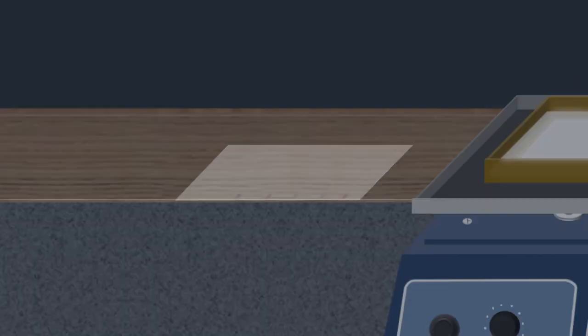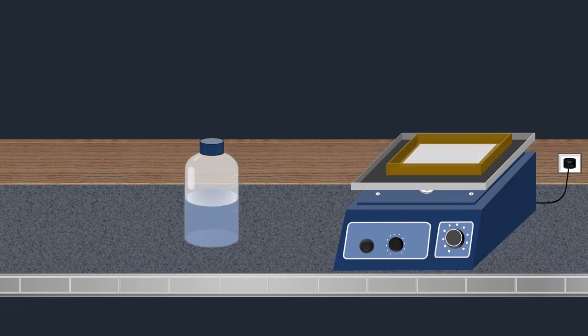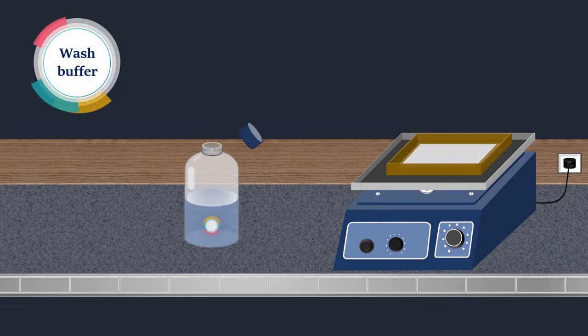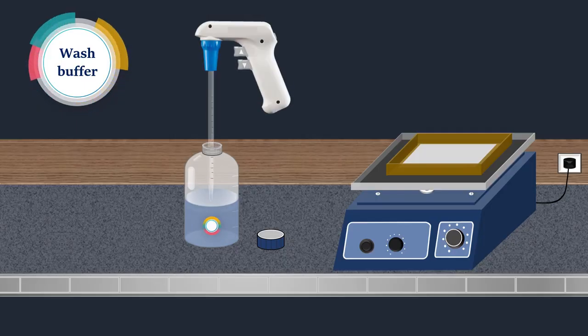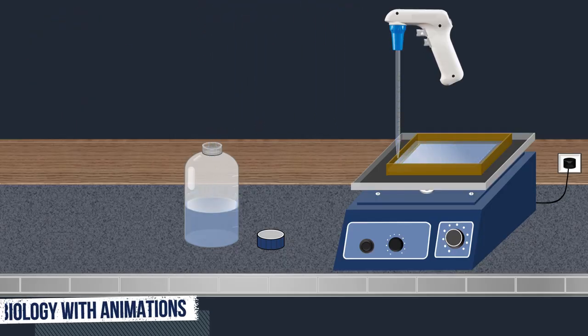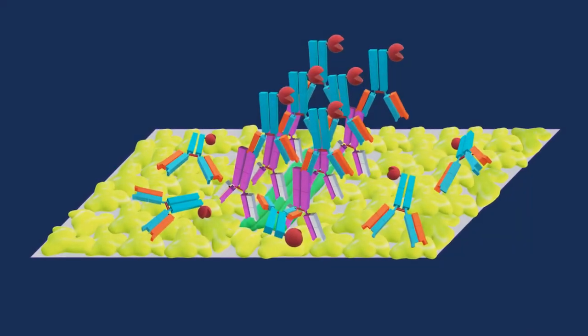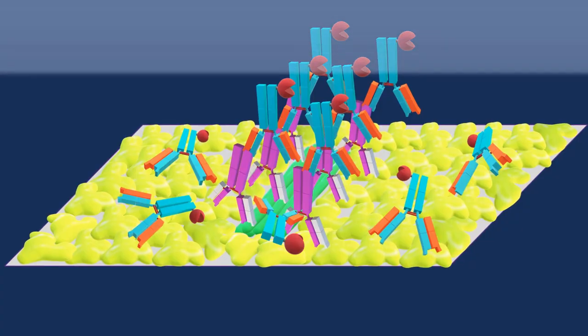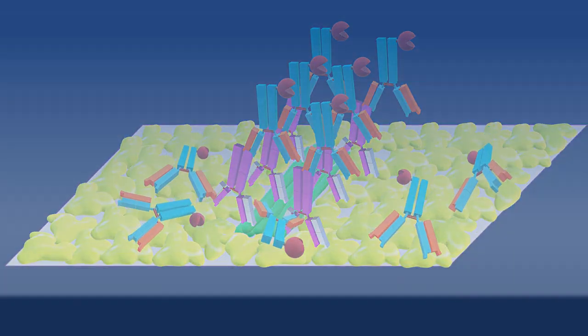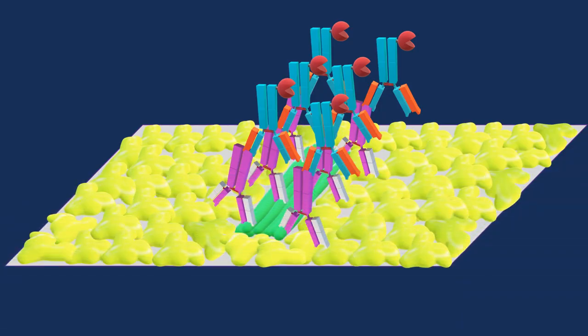Following incubation, the secondary antibody solution is removed. Then, the wash buffer is poured into the tank. Next, the membrane is incubated on the rocking platform. The membrane is washed several times in wash buffer to remove unbound secondary antibodies. It is crucial to thoroughly wash the membrane at this step.